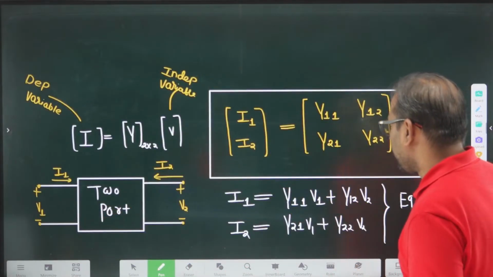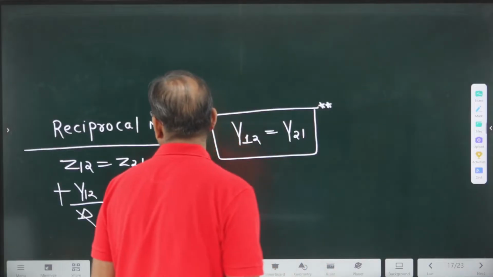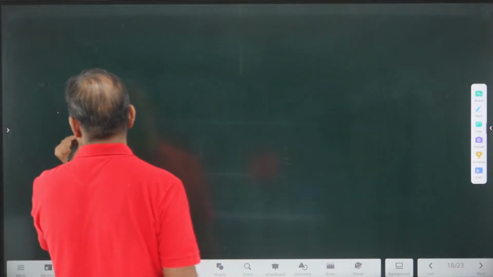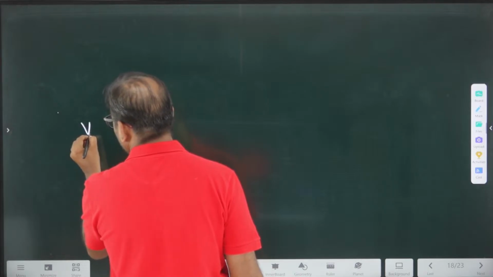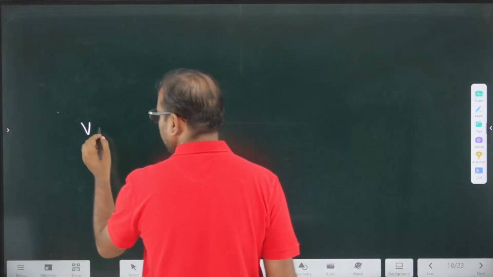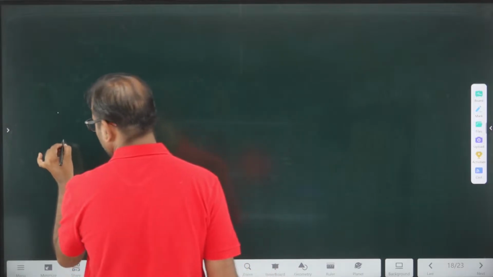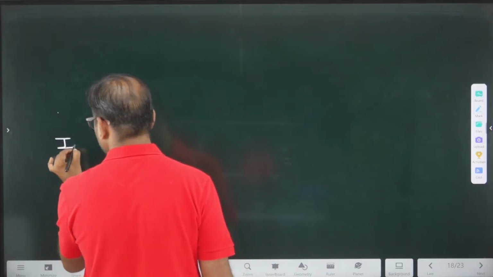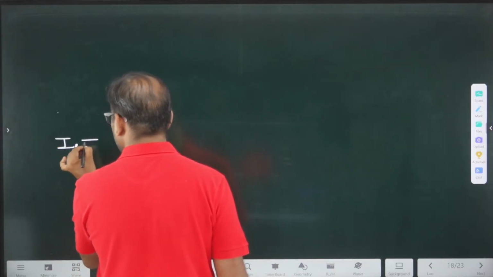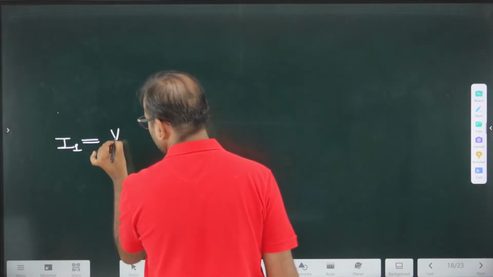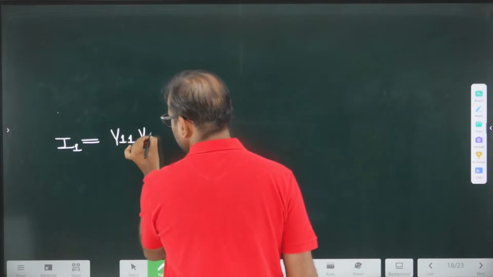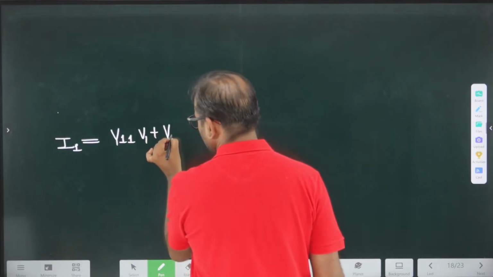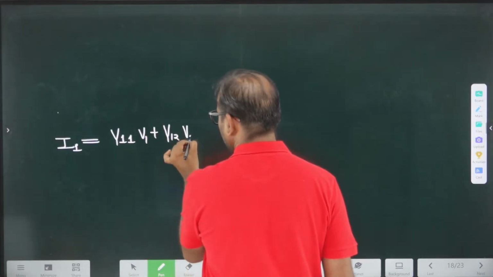Now let's calculate. Can I say the equation for Y parameter is given by I1, I2 is equivalent to I1 is given by Y11 V1 plus Y12 V2.